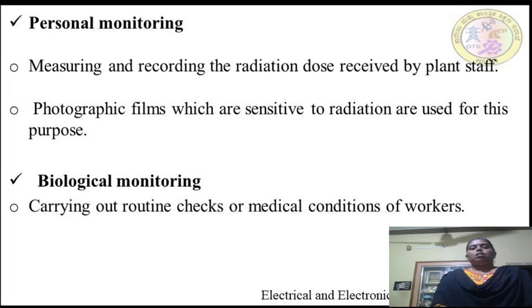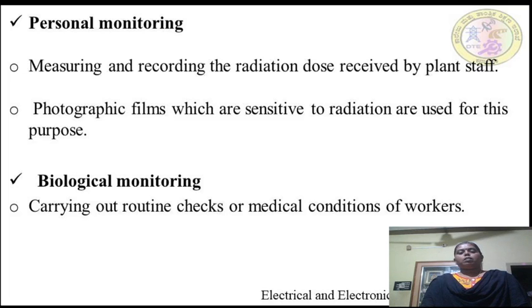That is, the person who is working in the power plant should go through the measuring and recording of radiation dose received. So photographic films are used to measure this amount of radiation on the staff.